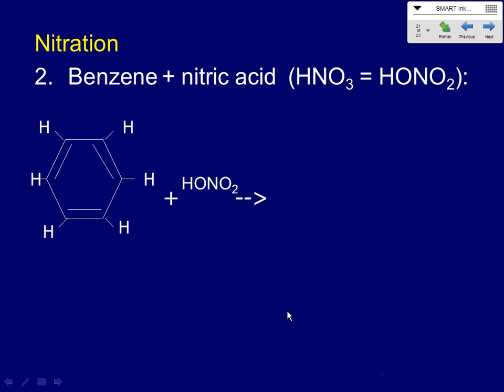I'm going to show you as soon as my pen starts working again. The reason we're writing it in this way is because an OH comes off; this molecule looks like this. Actually, we had this molecule on our last test, right? That's what I wanted you to draw the Lewis structure for.